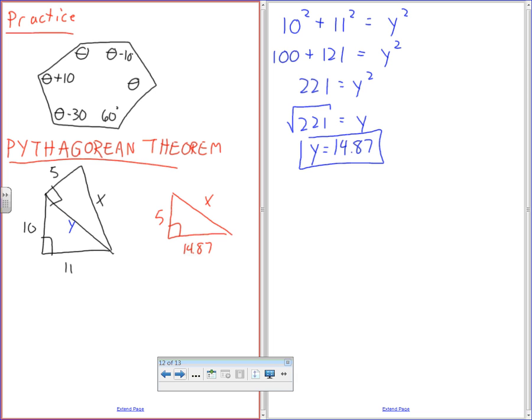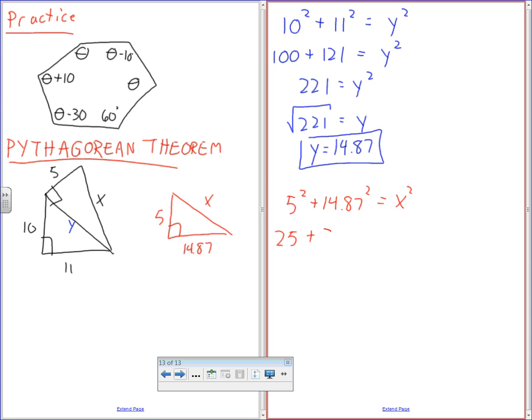Derek, can you show off your Pythagorean theorem skills again, please? a squared plus b squared is equal to x squared, which is 5 squared plus 14.87 squared. Aiden, can you tell me what 14.87 squared is equal to? It was the square root of 221 that came from that.